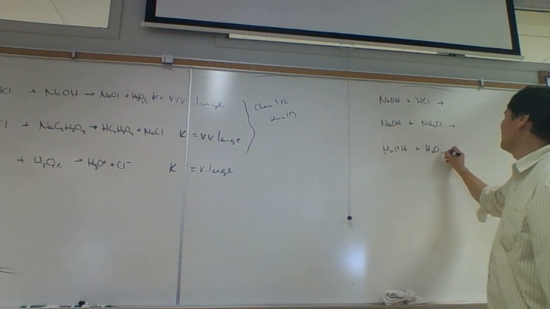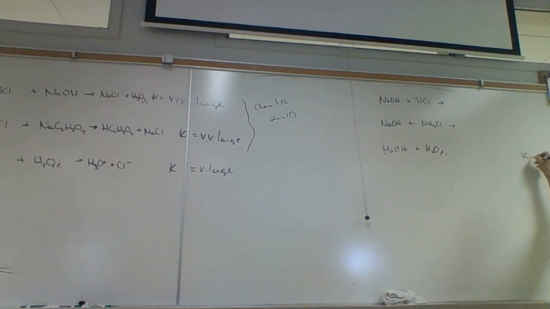An even weaker acid would be H2O liquid. And I know the K's for these. What are the K's? The bottom one's called Kb. Kb for a strong base is very large. And then this middle one will be very, very large, and the top one will be very, very, very large.